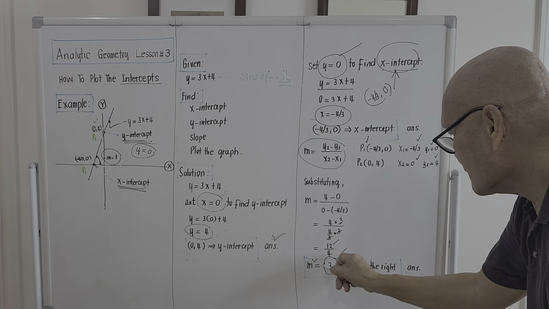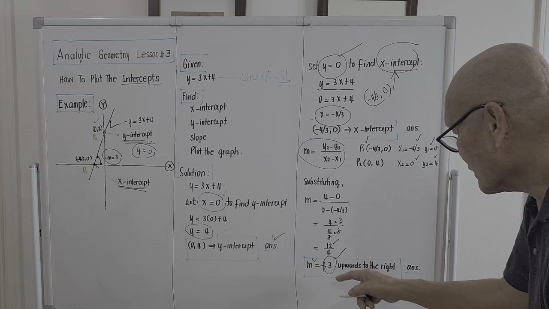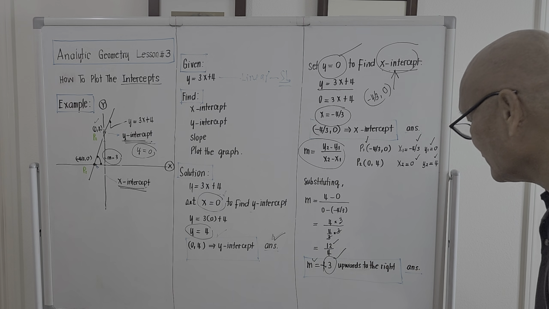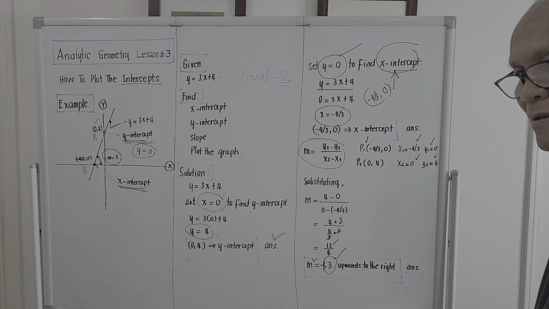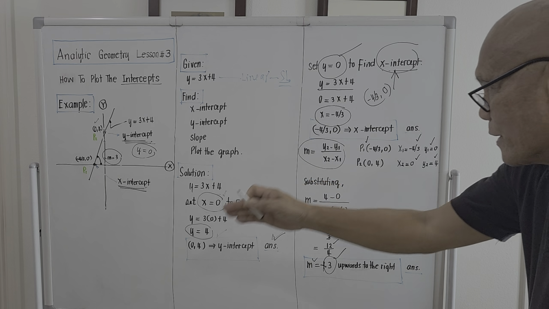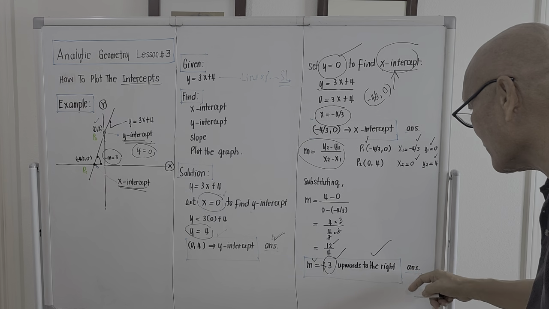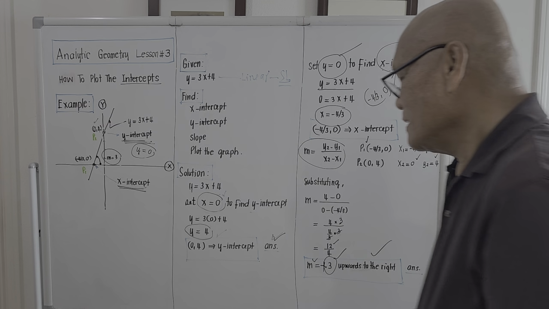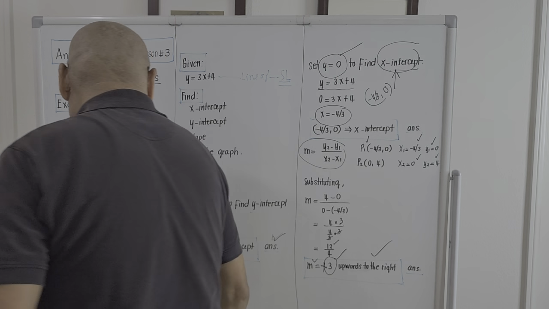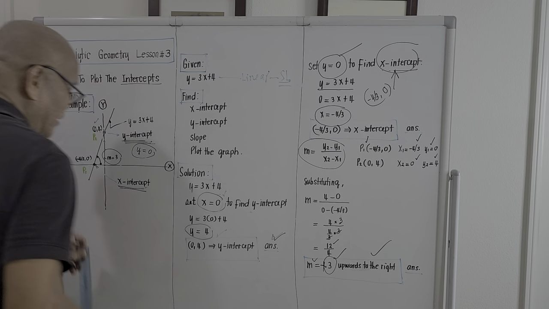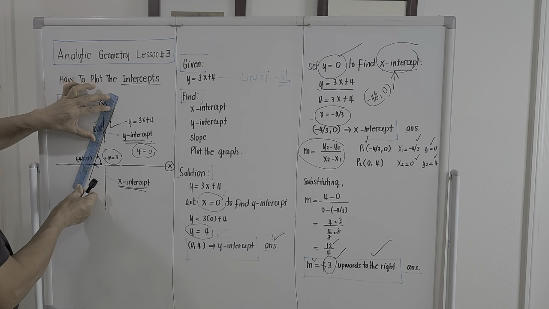And this is plus 3. The significance of the plus 3 is that the slope is upwards to the right. So I place it here, upwards to the right. Meaning to say, the straight line is tilting to the right, upwards to the right.